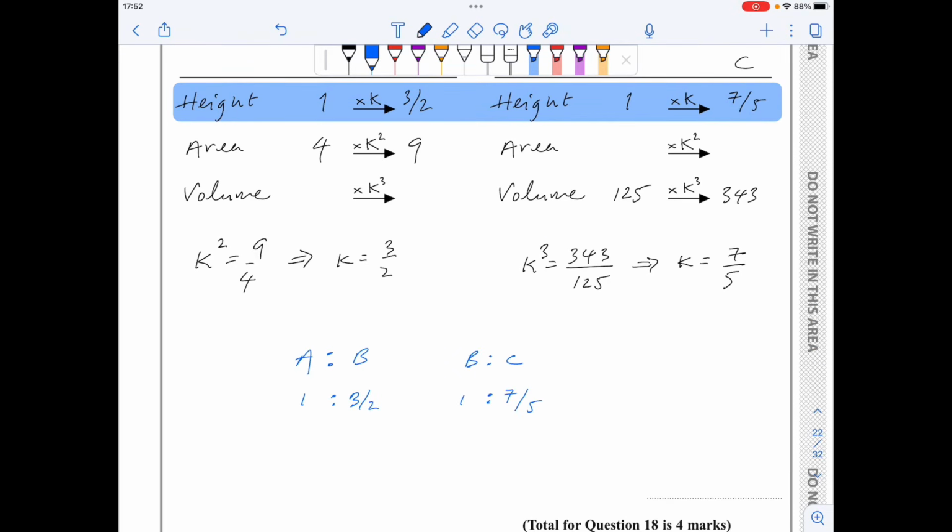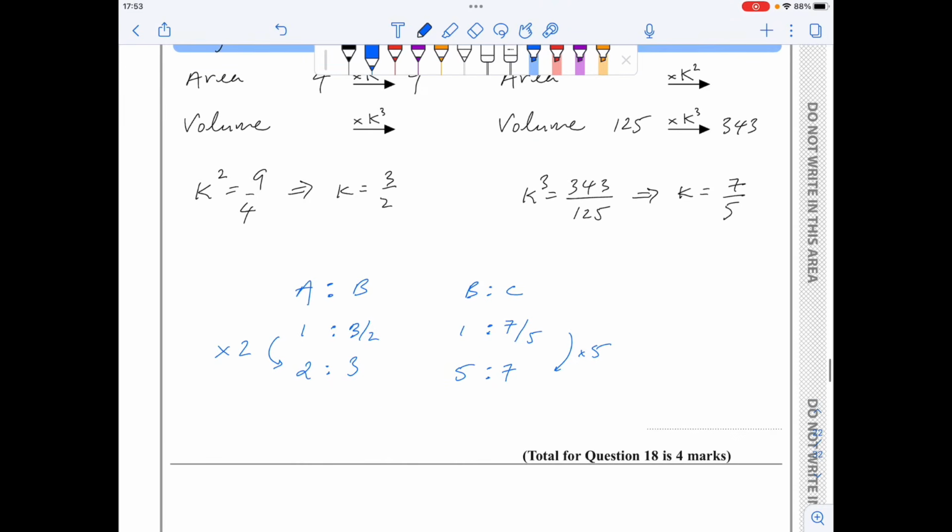Now let's try and make everything into an integer. So I will multiply the first ratio by 2. So I'll get 2 to 3. I'll multiply the second ratio by 5. So I'll get 5 to 7. And the target here is to make B the same, so I'll continue and multiply the A to B ratio by 5 and get 10 to 15.